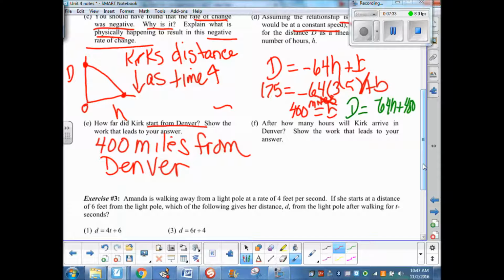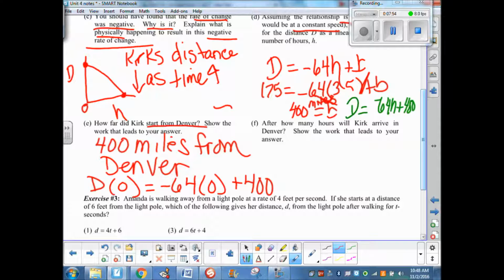My time would be 0 because I haven't left the house yet. So d of 0 is equal to negative 64 times h plus 400. That would definitely verify our work.